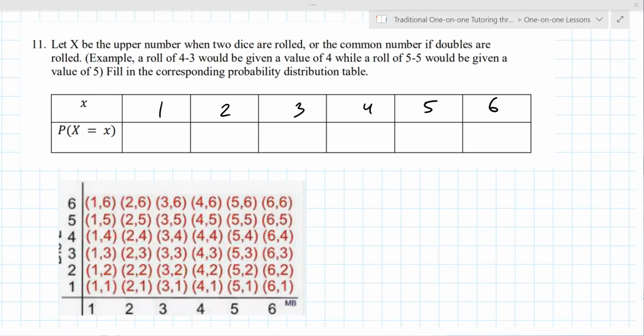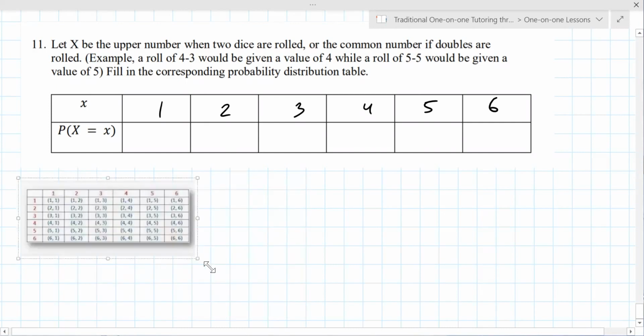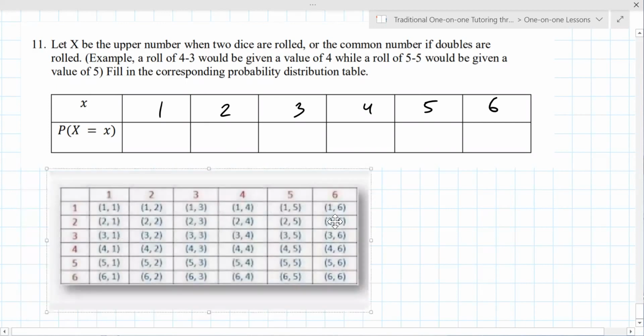It's awkward when it's going the wrong direction that we read. All right. In this first column, we're going to just use tallies. You get a 1 and 1, that's 1. 2 and 1, 2 is the bigger number, so you put a 2, and then 3 and 1 there, 4 and 1 there, 5 and 1 there, and 6 and 1 there.